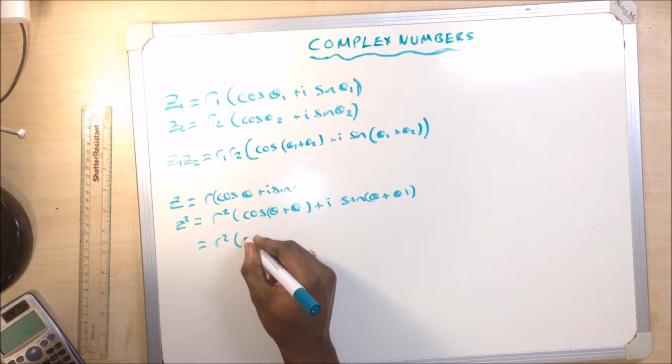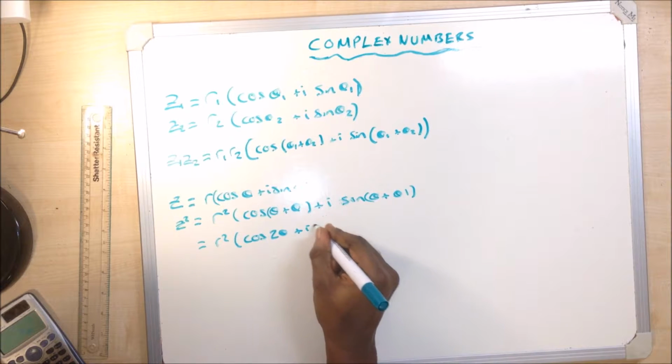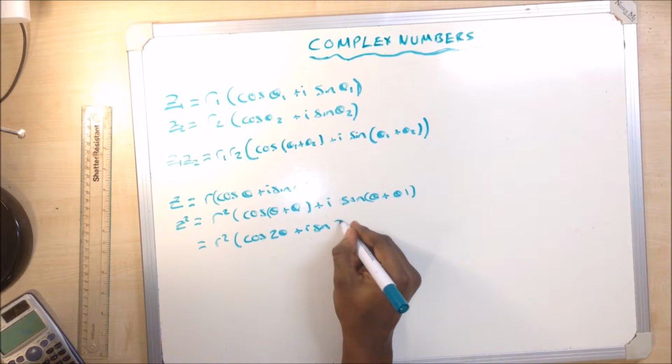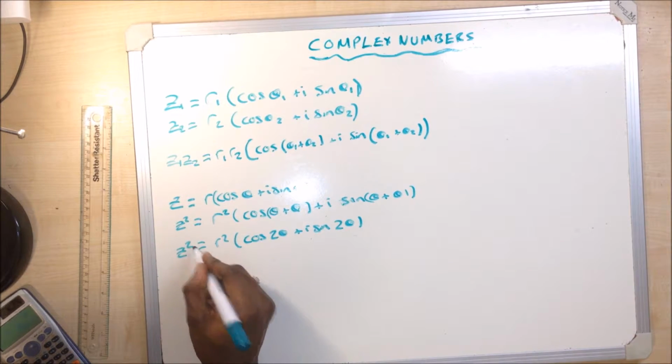Theta plus theta is the same as 2 theta, so we have r squared (cos 2 theta plus i sin 2 theta), and that equals z squared.